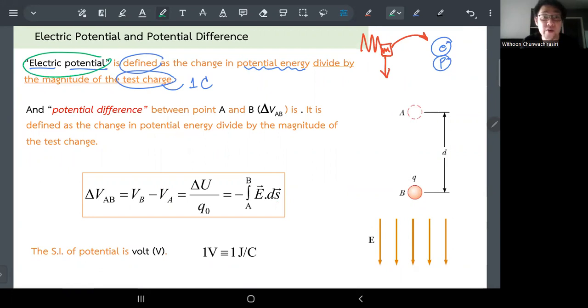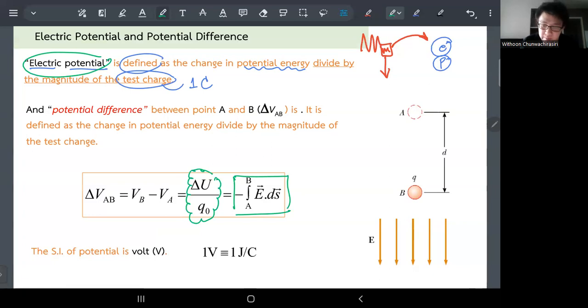We use the symbol V for that. So in your head, this is very easy, guys. V, potential, is just U per Coulomb. Done. Look at the formula, how nice and neat it is. You don't have any Q to worry about.